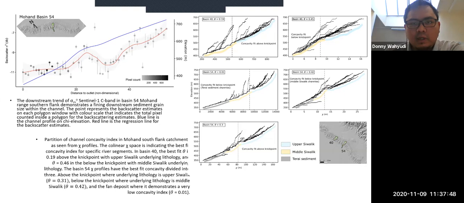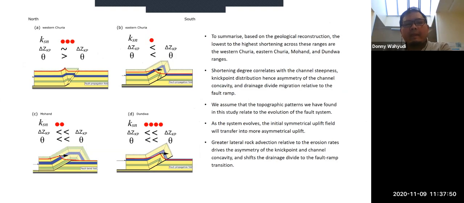So this is the tectonogeomorphic model that we generated from this work. As shown here, in the Western Churia, which has the lowest shortening amount, the anticline is at the initiation phase of the fault-propagation fold.